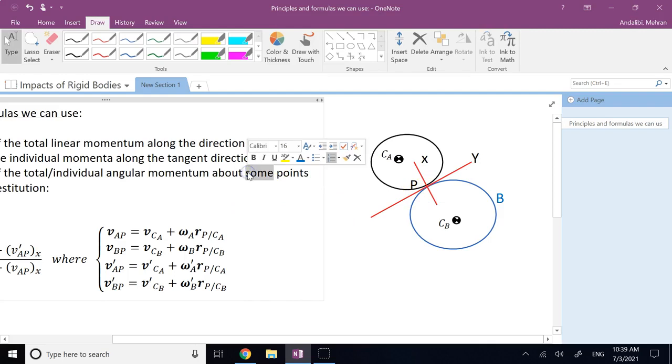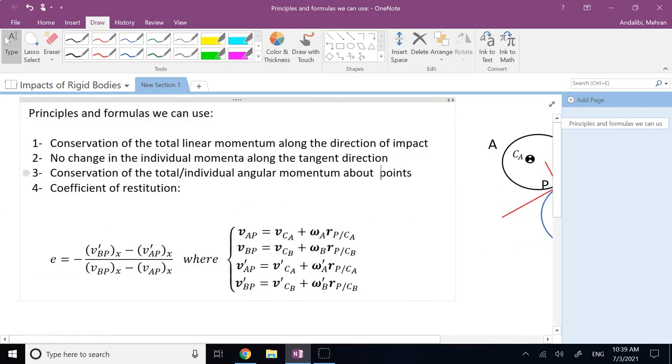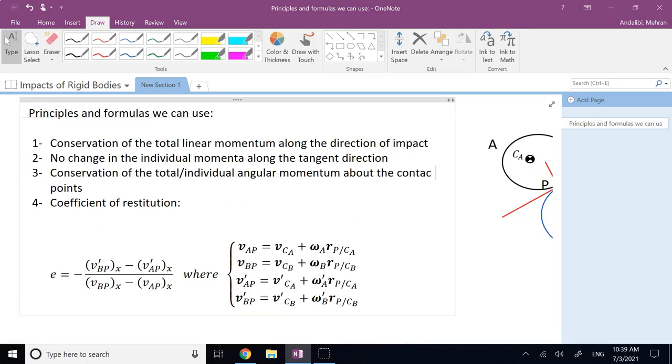So about, let's say here, the contact point.